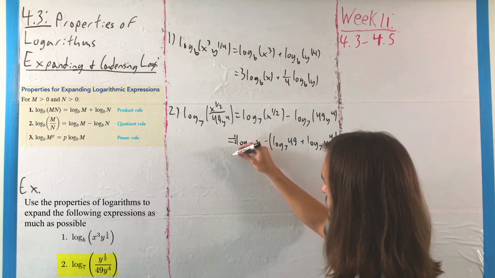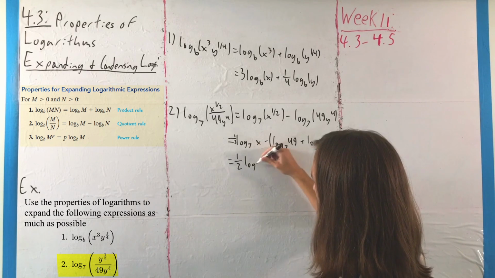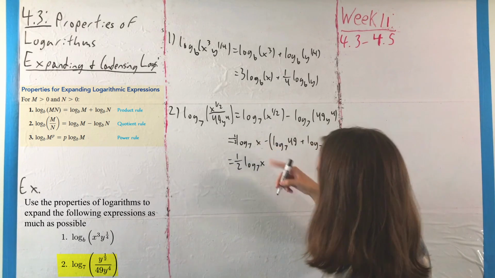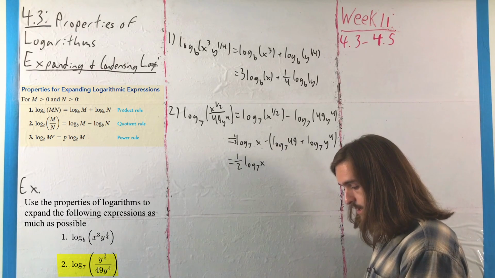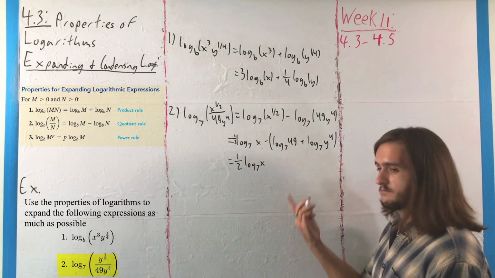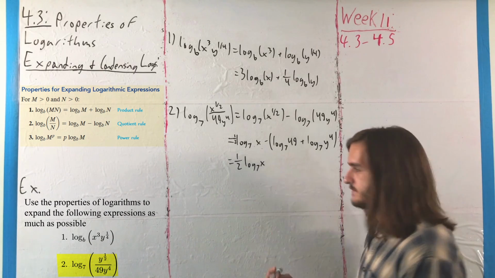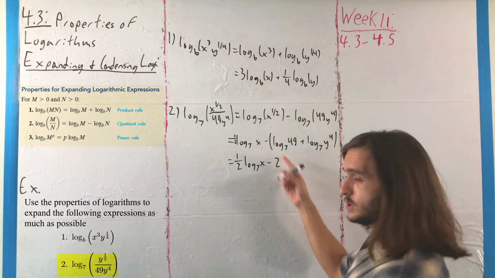But in here, we have that 1/2 log base 7 of x, then minus log base 7 of 49, which hopefully we recognize is 7 squared. Log base 7 of 7 squared would give us a 2 for that term.